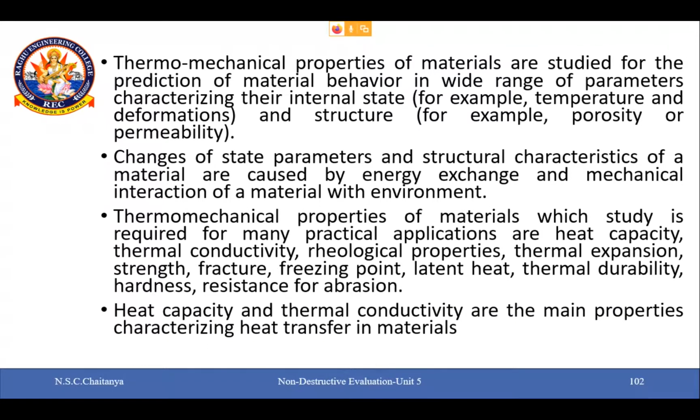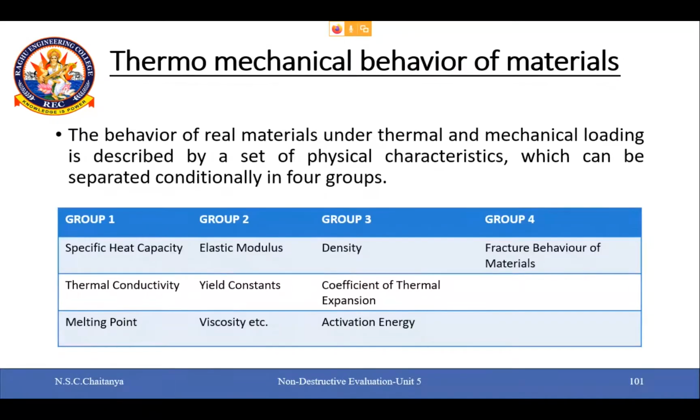Heat capacity and thermal conductivity are the main properties characterizing heat transfer in materials. So actually this topic, thermomechanical behavior of materials, in itself is a unit. If I want to go in depth, and explain each and every property and how it affects the overall behavior of the material, then this itself will be a big unit.